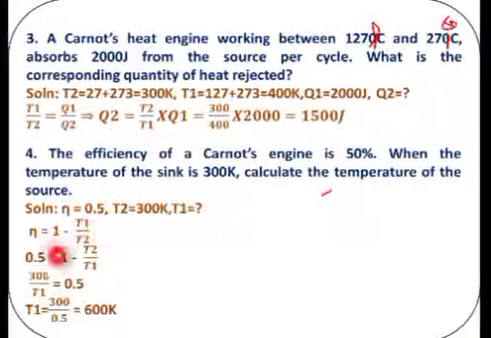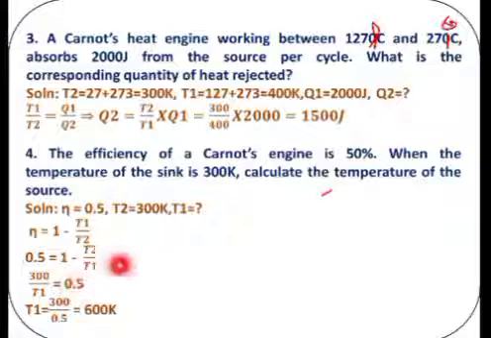We know the suitable formula according to this data, which we already derived in the previous slide. Eta is equal to 1 minus T2 by T1, just now we derived it in this video. From that expression we have to substitute the value of eta as well as T2.